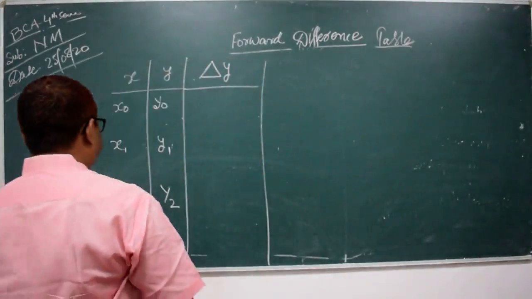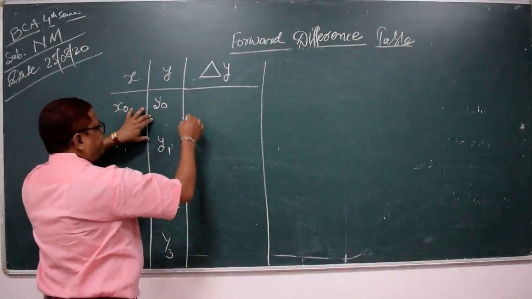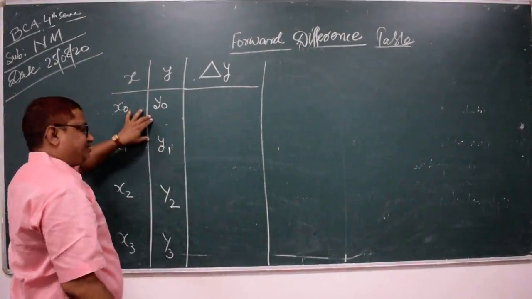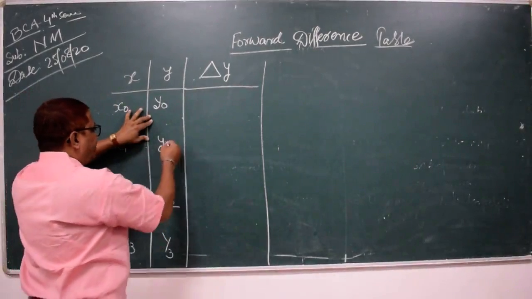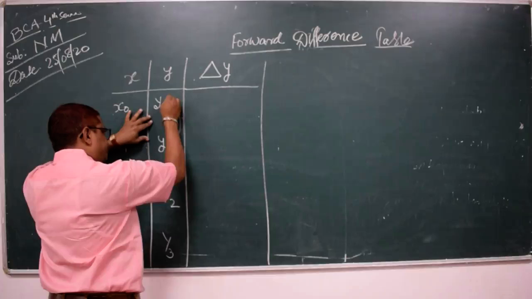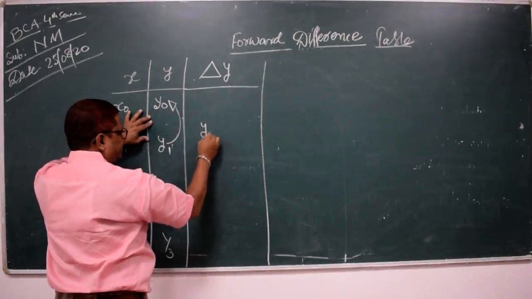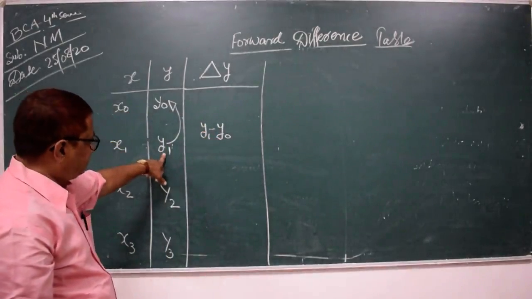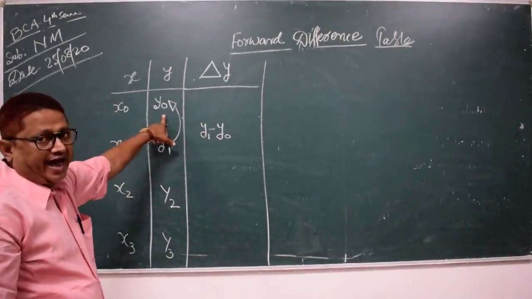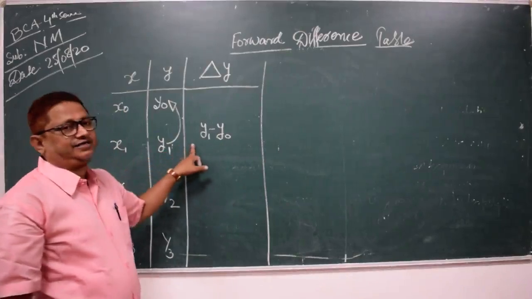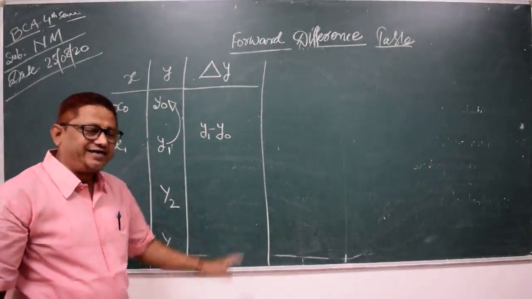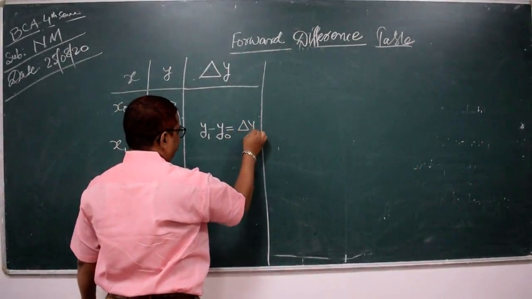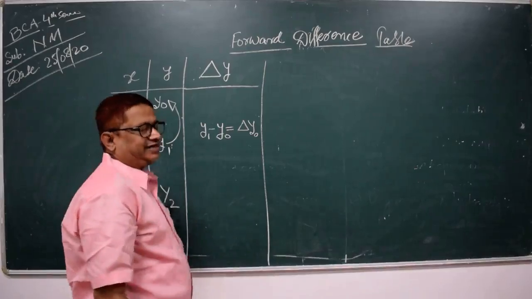Now to represent the first difference of y in this third column, delta y, called the first difference: y1 minus y0. To subtract y1 minus y0, this subtraction is represented with the help of the operator capital delta y naught.